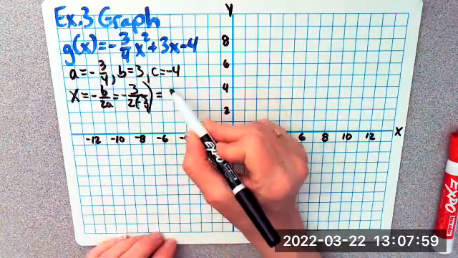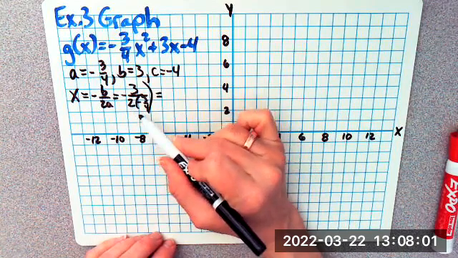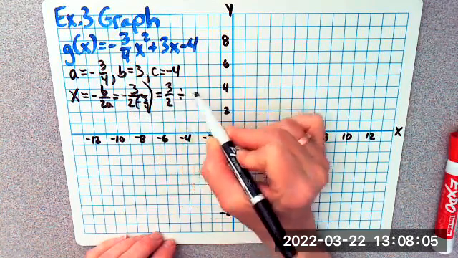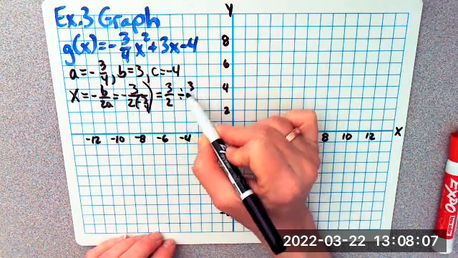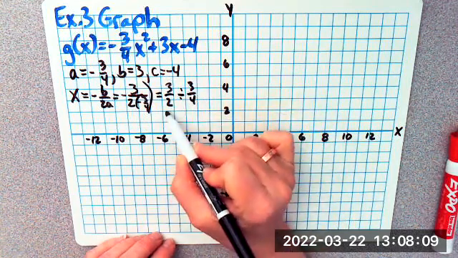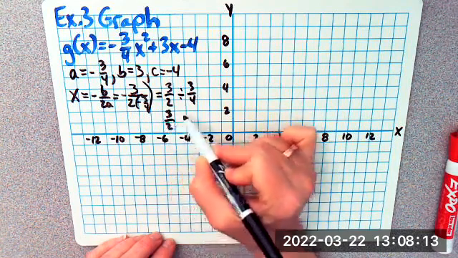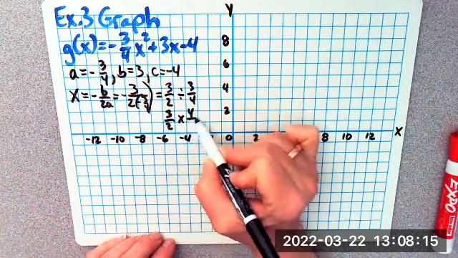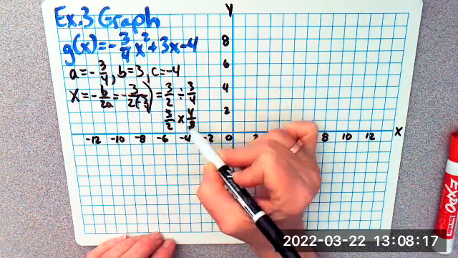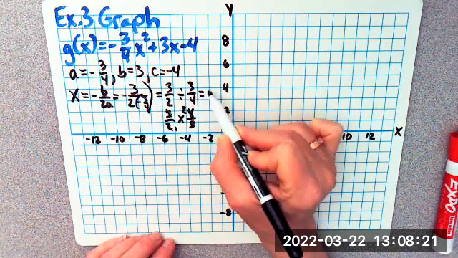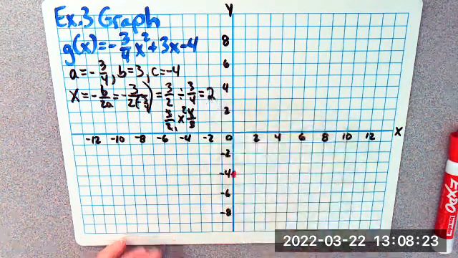This is the same thing as 3/2 divided by 3/4, so we flip: 3/2 times 4/3. That cancels, so this is going to equal 2.